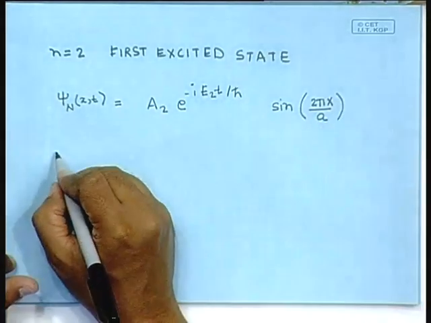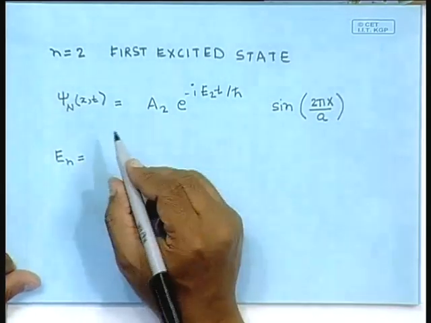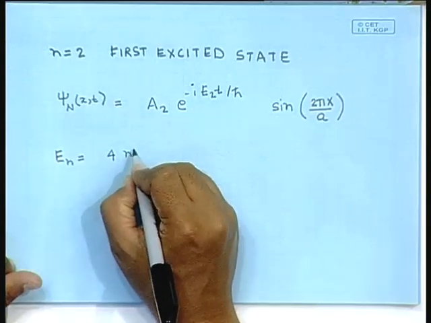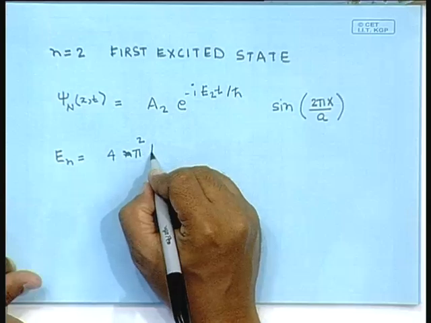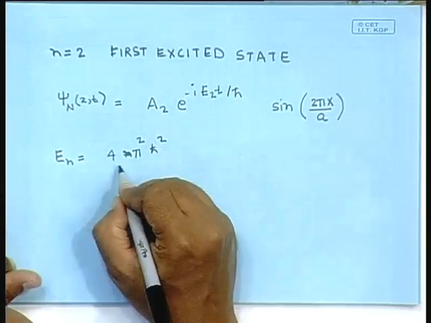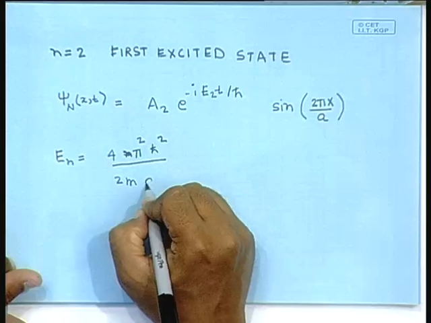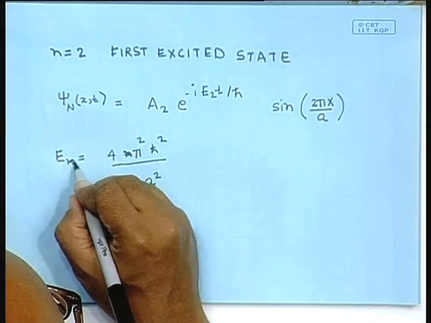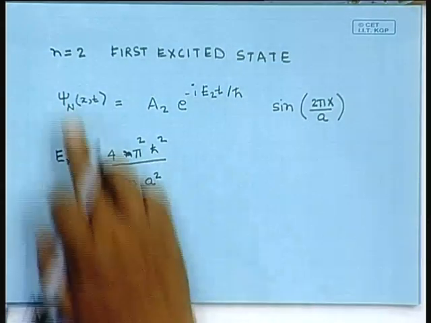And the energy level has a value E is equal to 4 pi square h cross square by 2 m a square. So this is the energy level of the first excited state, n equal to 2.